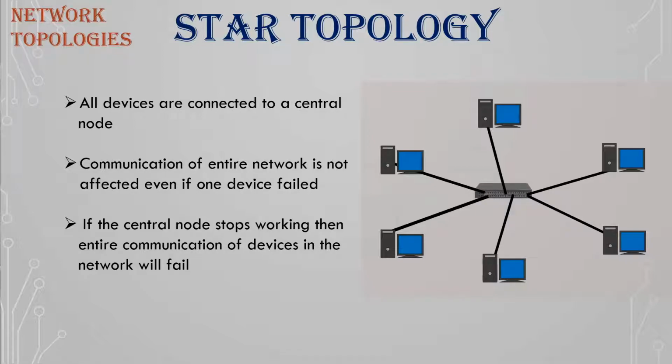In this star topology network, the communication will continue in the network even if a single node fails. That is, if this node fails, then other nodes will not be affected. But if the central node fails, then all the other computers will not be able to communicate with each other.